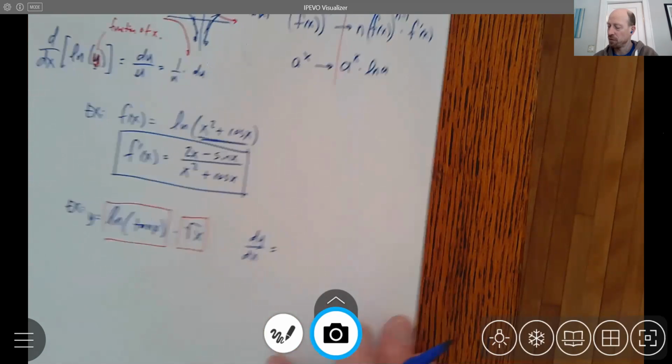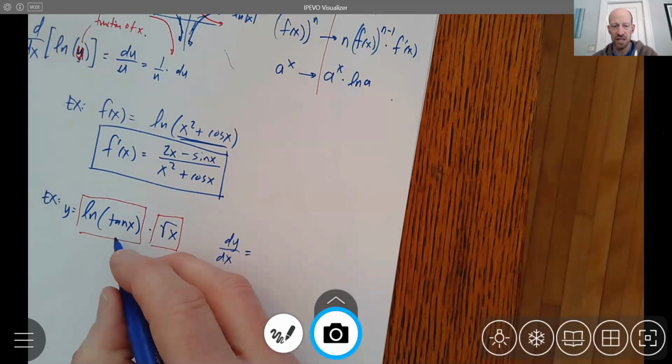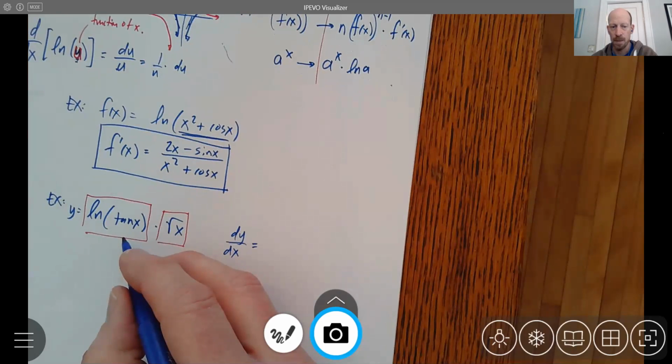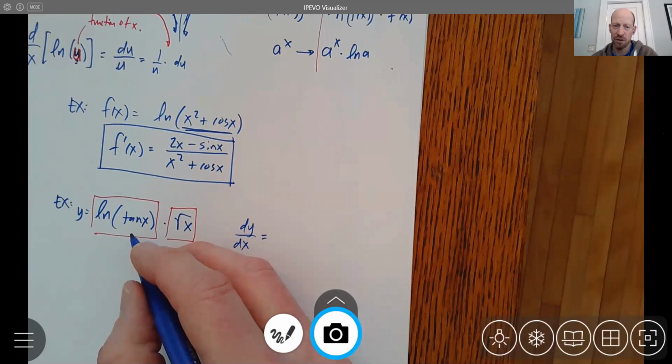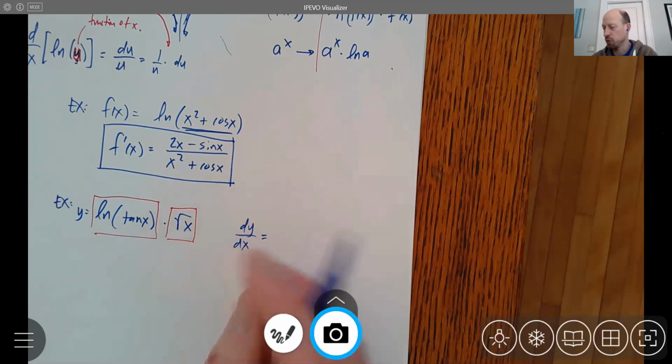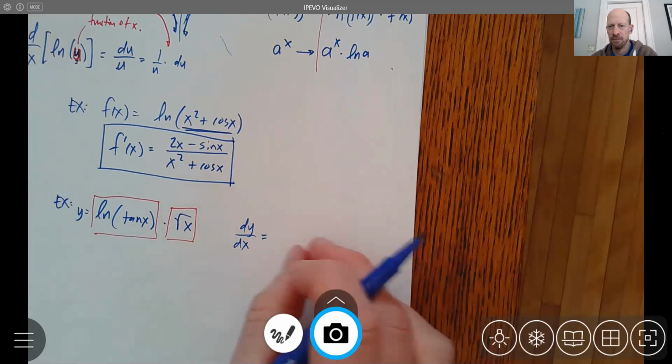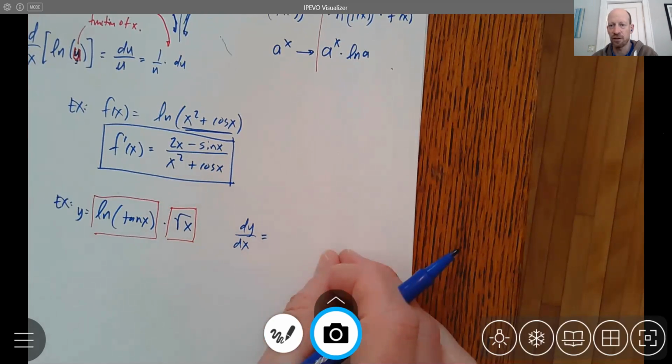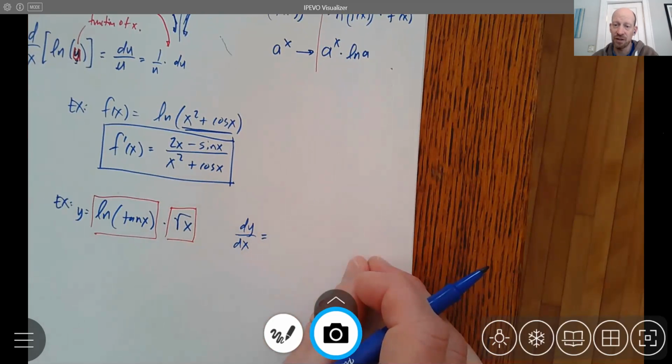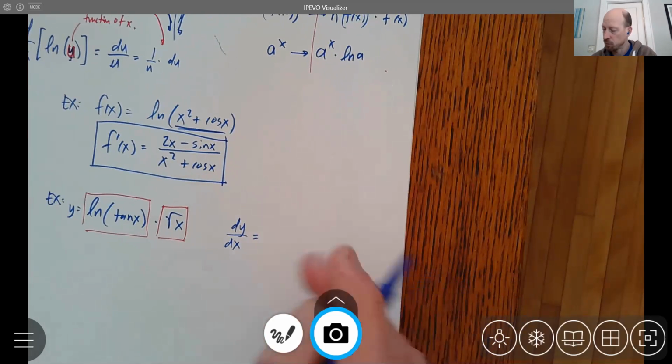I'm going to take the derivative of the first, which is this, and if you're feeling comfortable, you can just go ahead and take that derivative right away. If you're really uncomfortable, you might want to write that down. Derivative times the other plus the derivative of the other function times the first function.